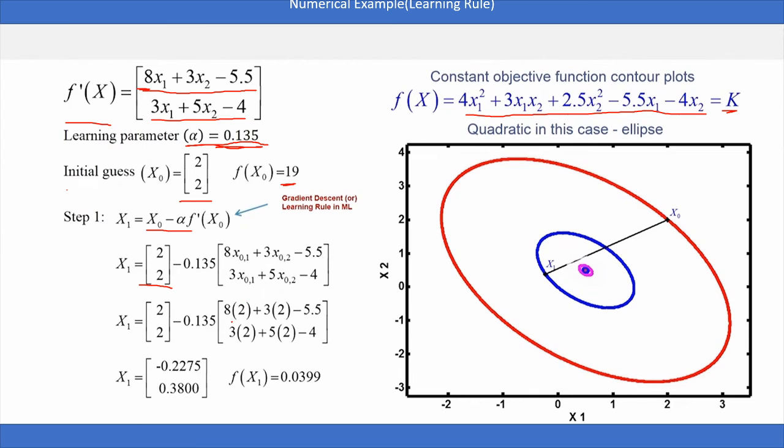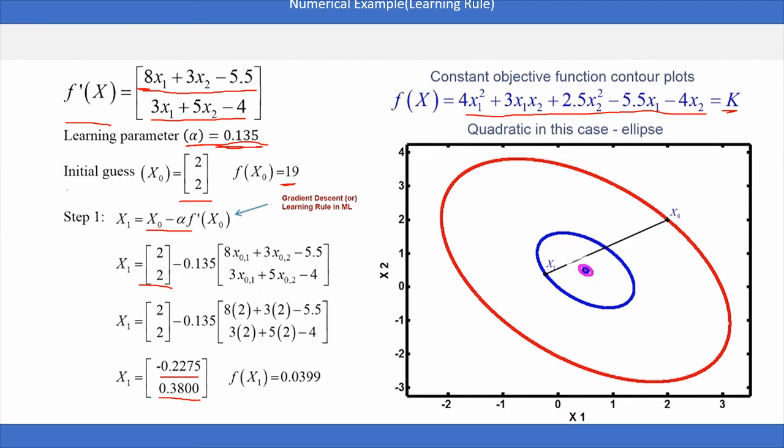If I substitute my x1, x2 values, 2, 2, in the equations, I'll get minus 2.275 and 0.380. So this is the value.